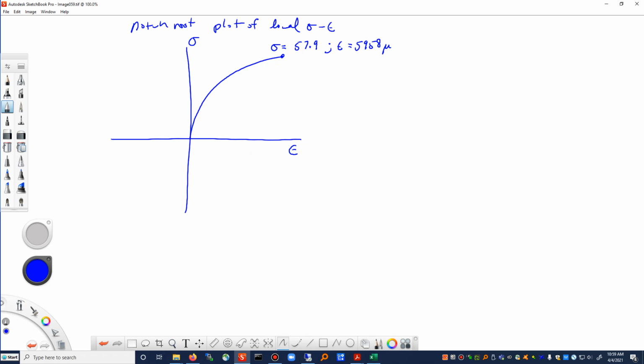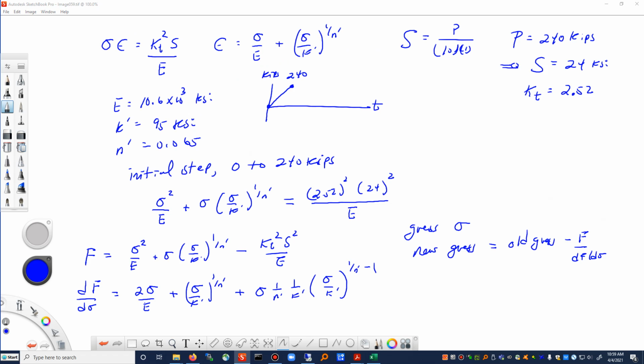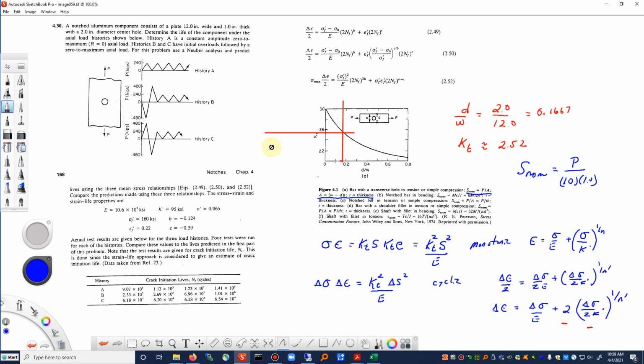Now let me go back a page or two, maybe, and take a look at what happens next. So in history A, we went from 0 to 240. Now we're going to go from 240 down to 0. That's going to be a delta P of 240 kips.